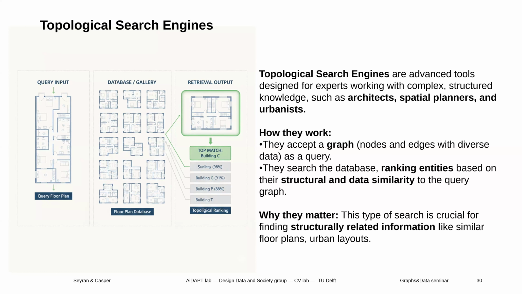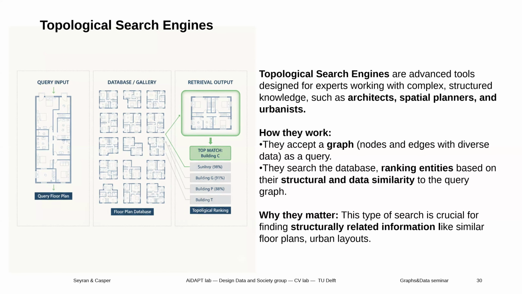However, most of the search engines are based on appearance retrieval. So if you ask a popular search engine like Google Lens, for example, you probably get the most similar-looking floor plans rather than the ones that actually have the same topological structure.